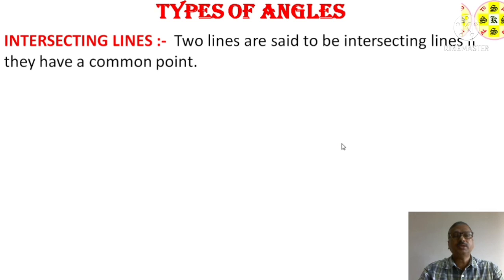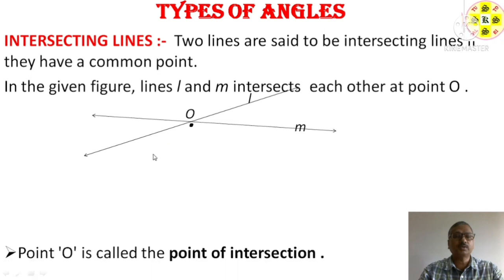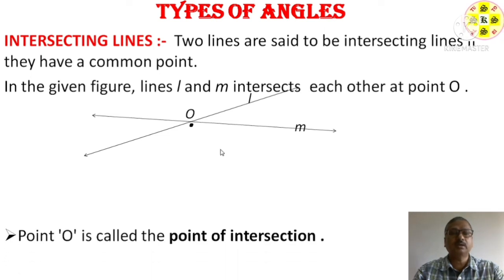Intersecting lines. Now what is intersecting lines? Two lines are said to be intersecting lines if they have a common point. So see, this is one line, this is another line, and this is the common point. So we say the two lines L and M are intersecting lines, and this point O is the point of intersection.